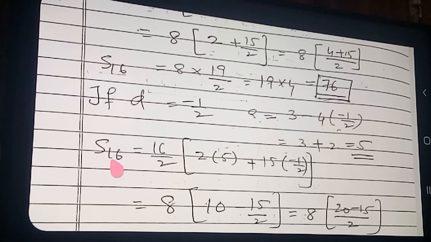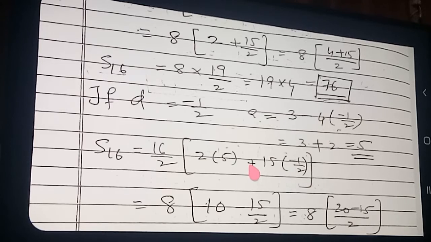S16 is equal to 16 by 2 into 2a. See here, 2 into the value of a, which is 5, plus n minus 1, that is 16 minus 1, 15, into minus 1 by 2. Following now?